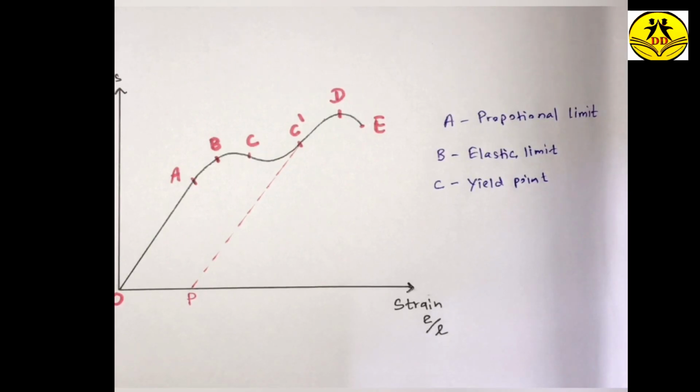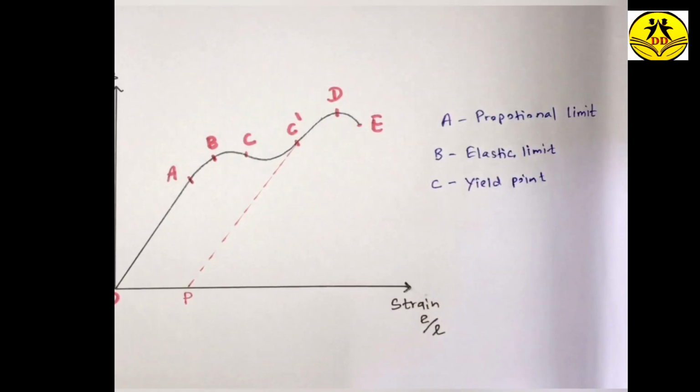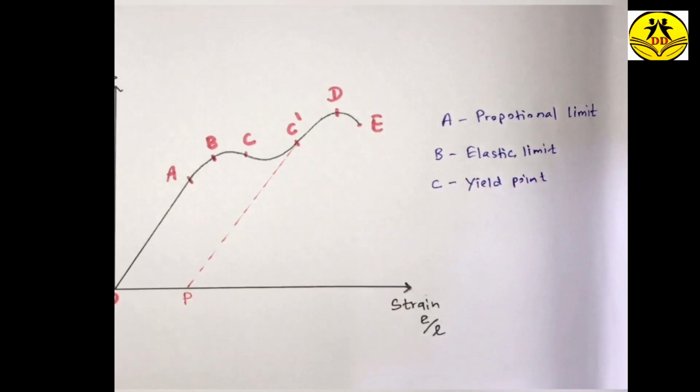And beyond C, when the force is further increased, it will show the extension. And when the force is removed, let's take point C dash as an example.